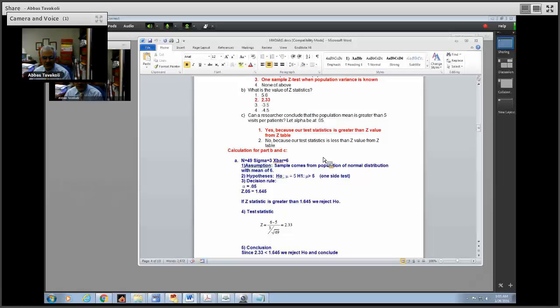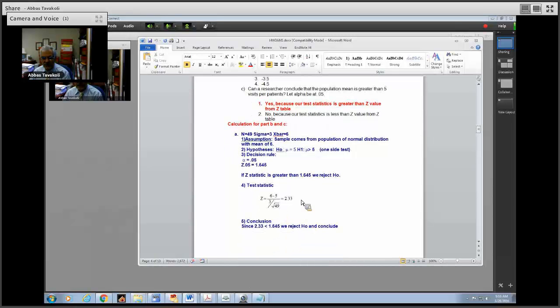What is the z statistic? The research question is whether we can conclude the population mean is greater than 5 visits. So the null hypothesis is 5, and the z statistic is 6 minus 5 divided by 3 over the square root of 49, which is 2.33.